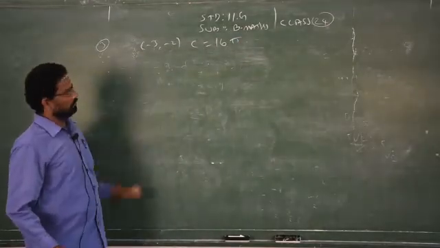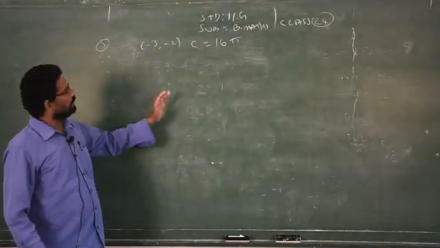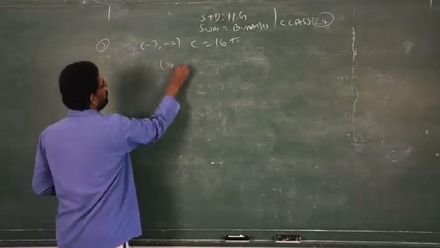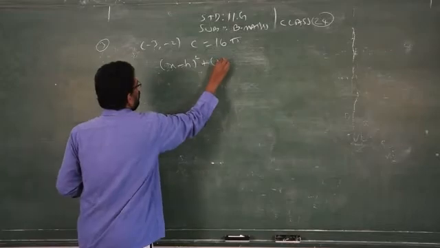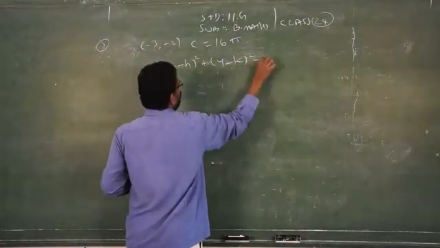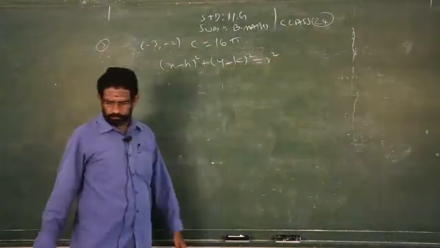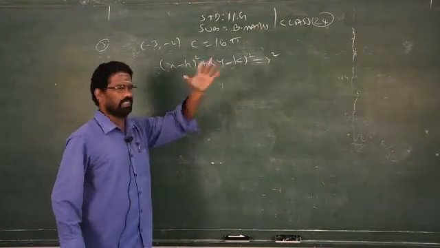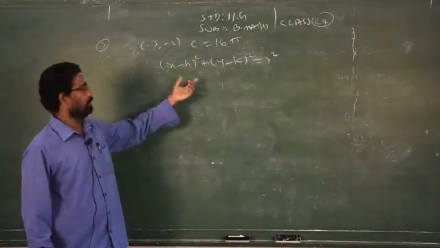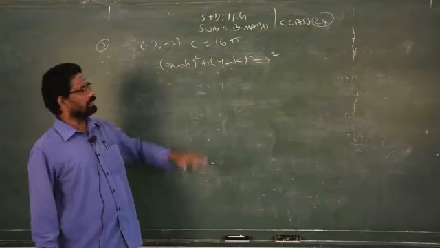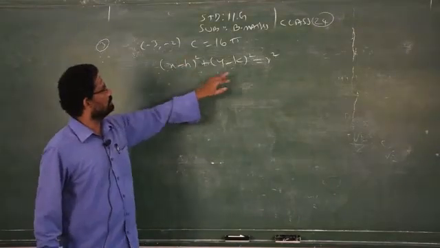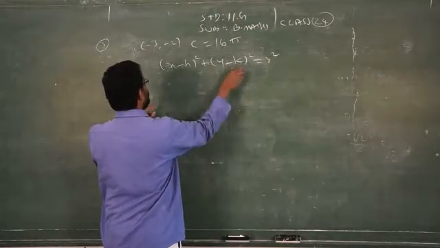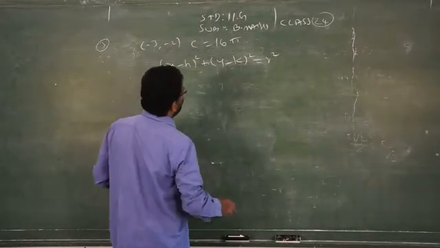So when center is given, then you have a formula x minus h the whole square, y minus k the whole square is equal to r square. You can change hk or kh, that is your wish. This h and k stands for center. This is x axis, this one as y axis, that's all. You can keep the k and h, no problem.